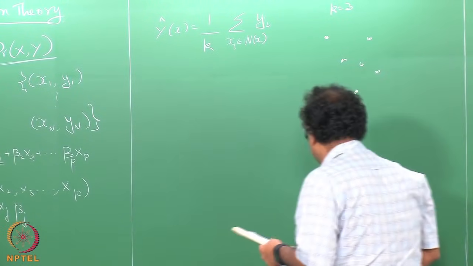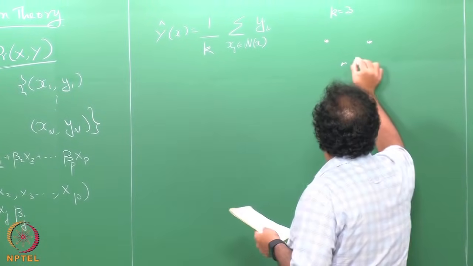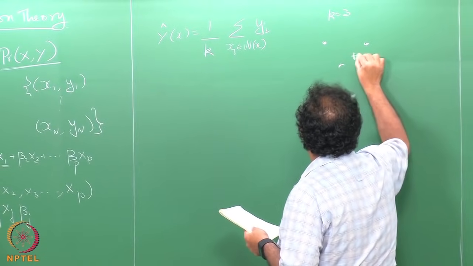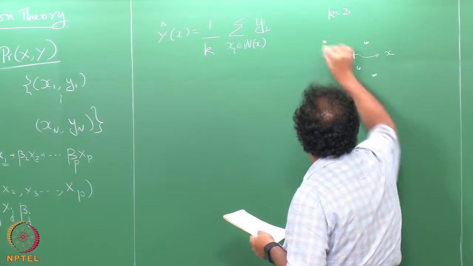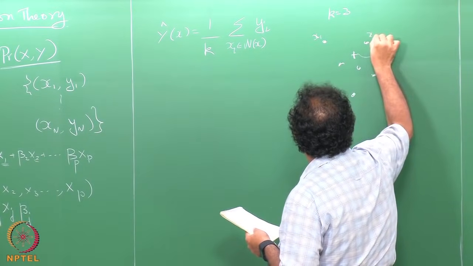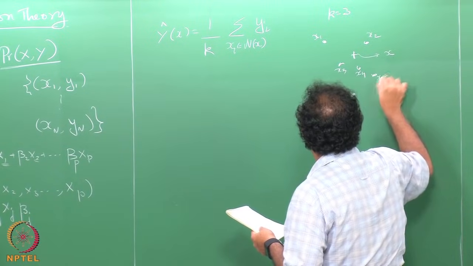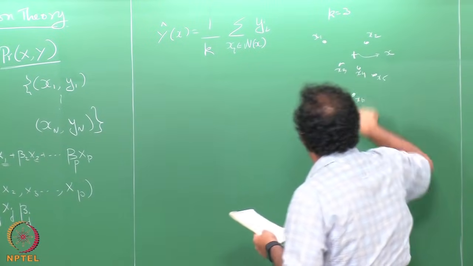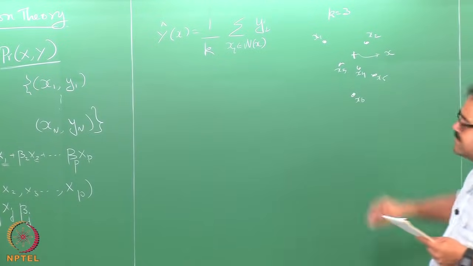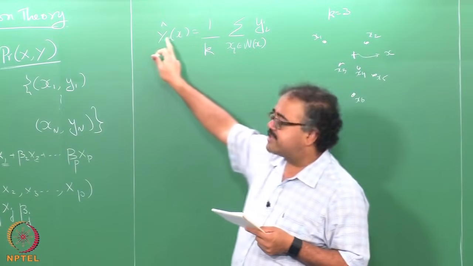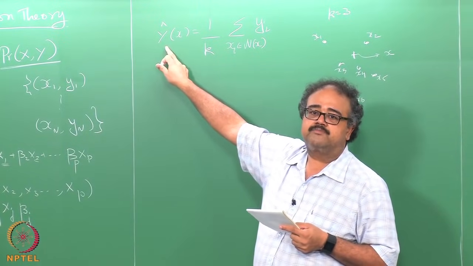If I get a query point, say somewhere here, this is my x. So, this is my x1, x2, x3, x4. The x1 to x6 are my training data and x is the point for which I want to predict the output.